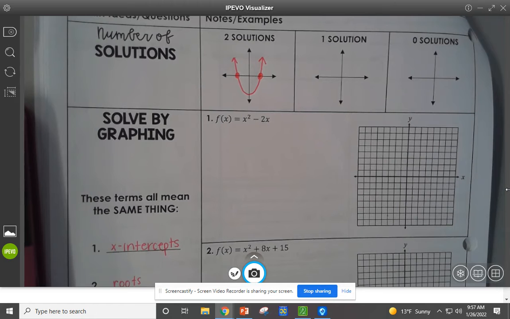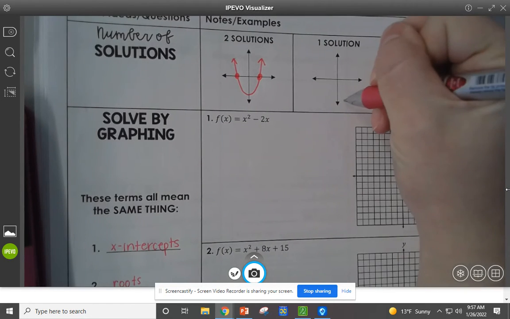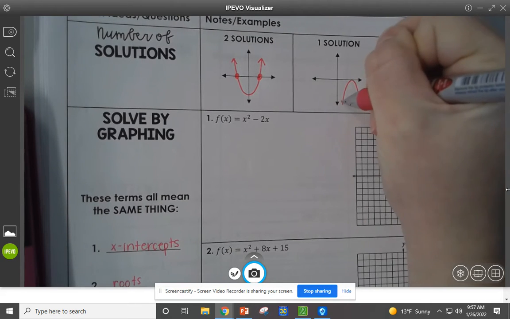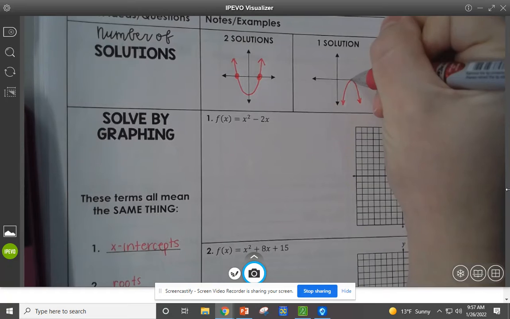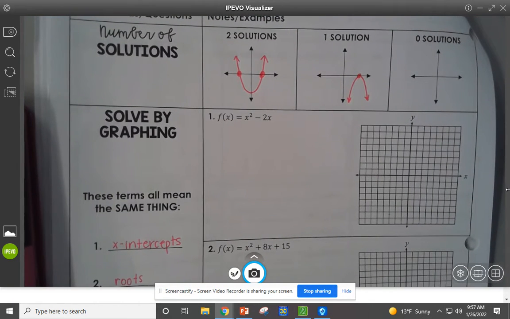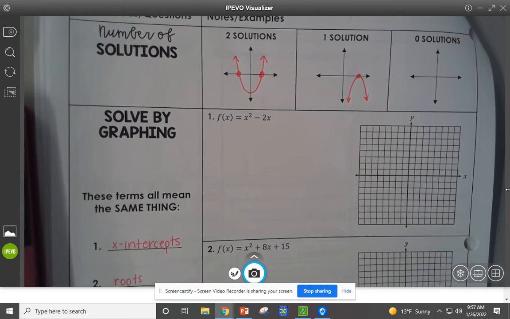It could have 1 solution or 1 x-intercept if the vertex is actually the x-intercept. That would be an example where it only had 1. Or it could have none.